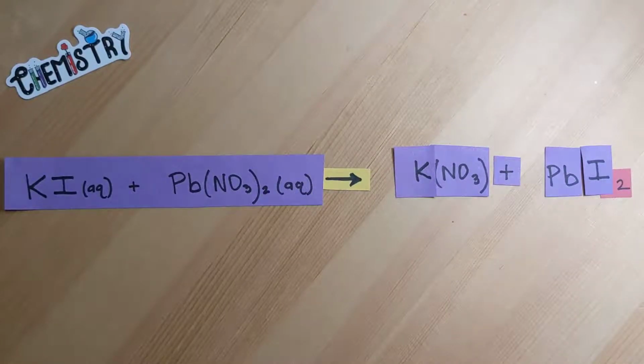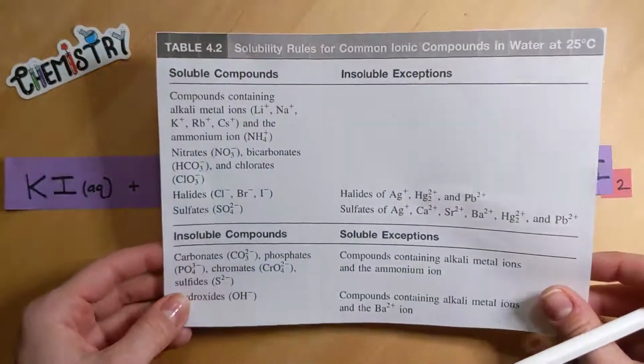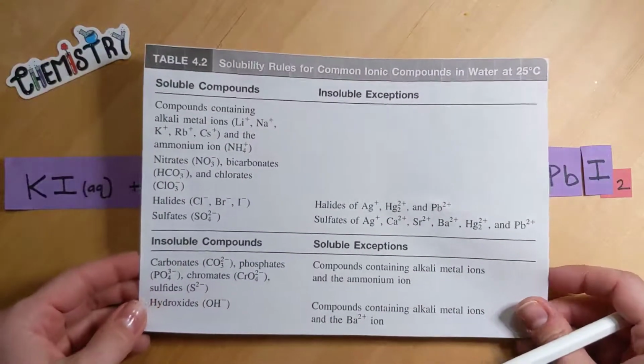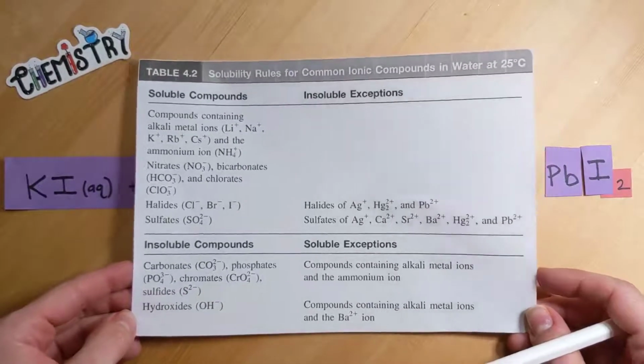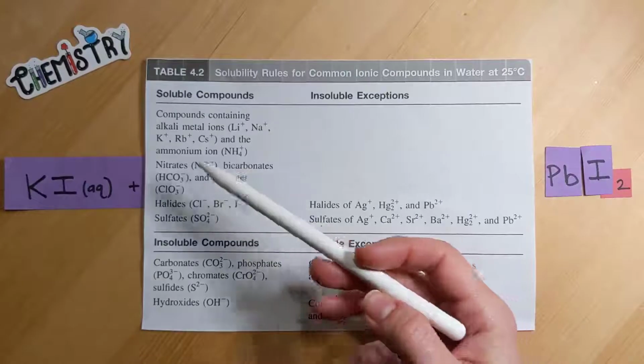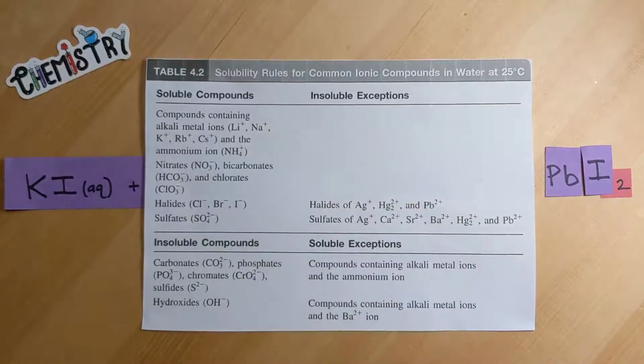When we're looking at the products of double replacement reactions, we have to go one step further. We need to identify if each of the compounds is soluble or insoluble, and we're going to do that using this solubility chart. So, if we're in this soluble section, that means the compounds will dissolve in water.